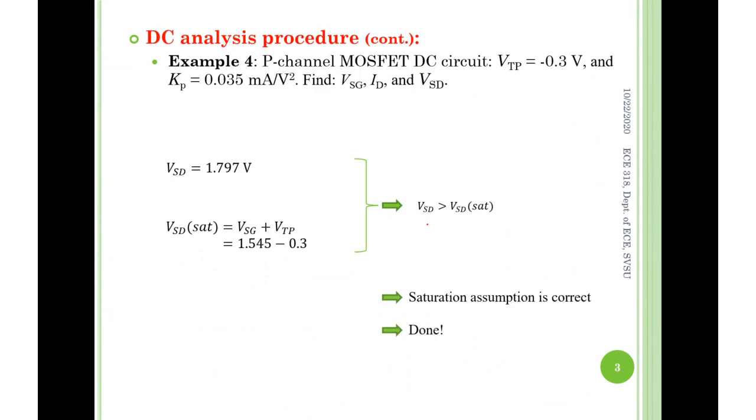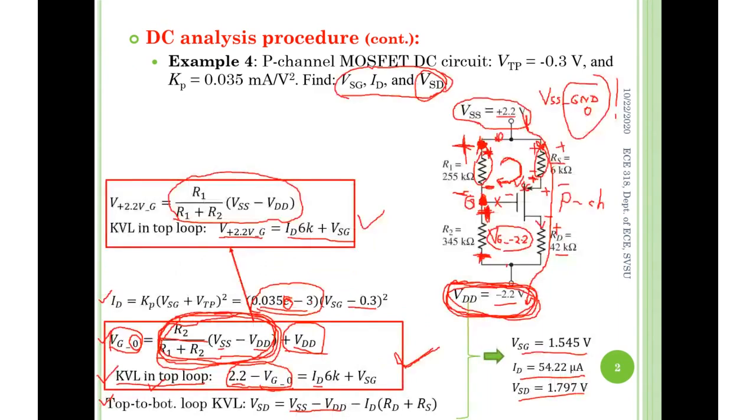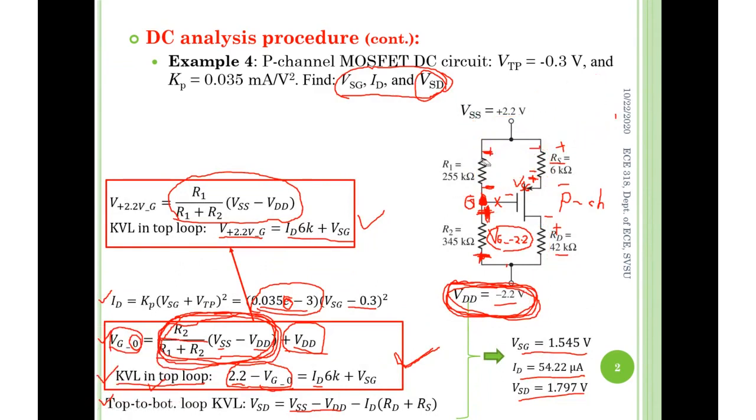Any questions regarding this example 4? One more time, the key is this. First, you need to realize this is a P channel.